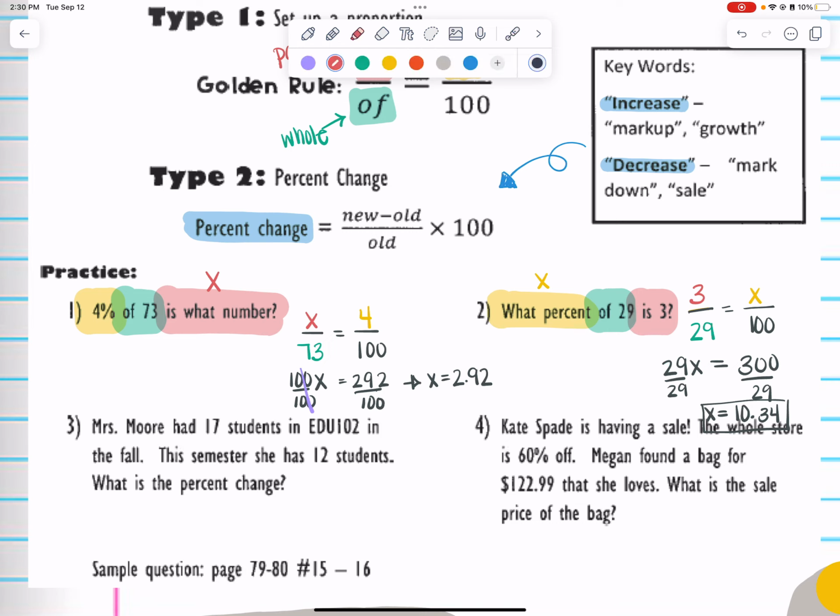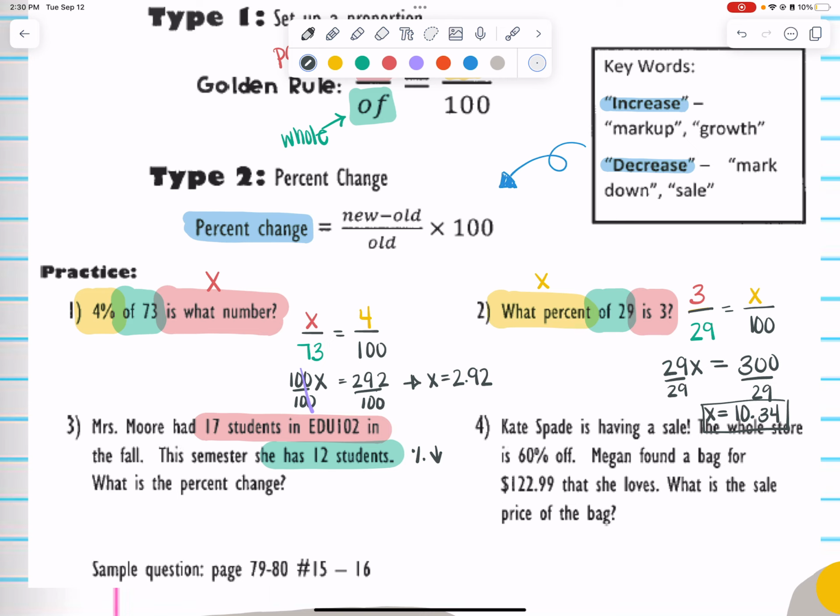Well, in the fall, I had 17. And in the spring, I had 12. That's going to be a percent decrease because I went from 17 to 12. Okay, so let's just keep that in mind. This is going to be a percent decrease because I lost students theoretically.